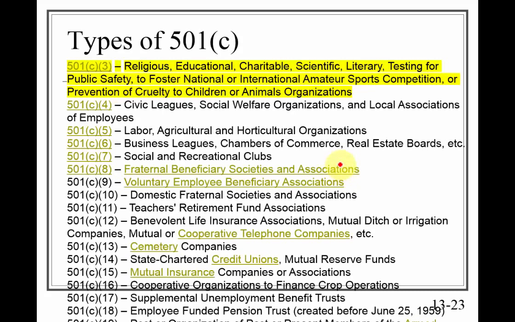So here's a whole bunch of 501(c)s. Again, the most common is that number 3, and the main one is, of course, charities or churches. So when you give or contribute a donation to these types of entities, you can claim a charitable deduction. If you make a contribution to these other types of 501(c)s, there is no charitable deduction.